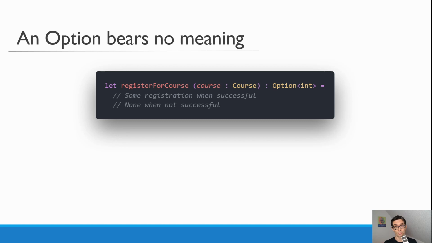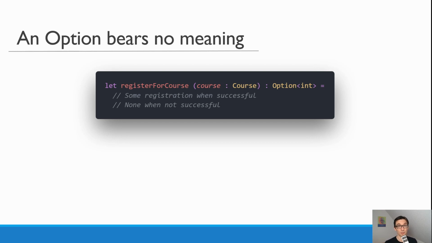It returns an int, which is the course number or the registration number I get when I'm registering for a course. When the registration was successful, the system returns me some int. But it returns none when it was not successful.